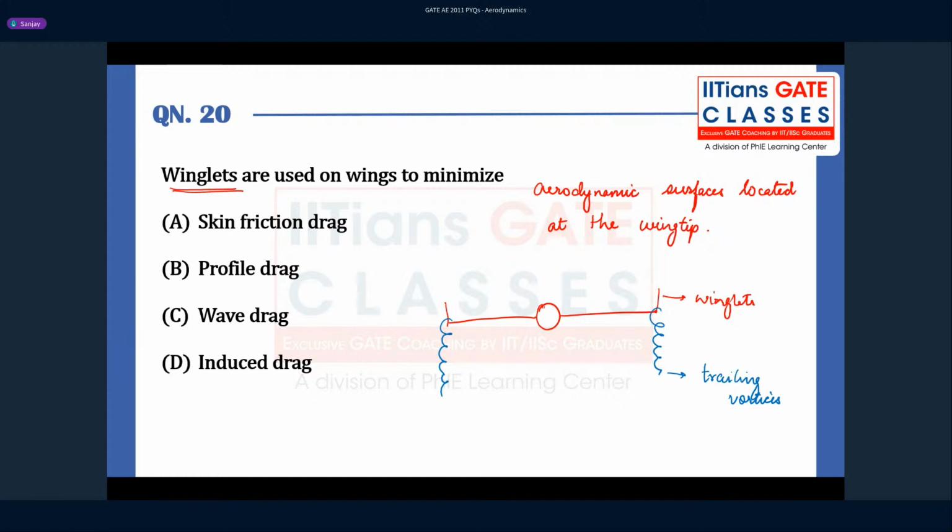The pressure is going to be higher on the lower surface and lower on the upper surface. Because of this pressure difference, and this wing is a finite wing, not an infinite wing, to balance out the pressure, these trailing vortices appear at the trailing edge of the aerofoil and they are all concentrated at the tip of the wing, right? So you see such a series of vortices shed off from the wing tip.